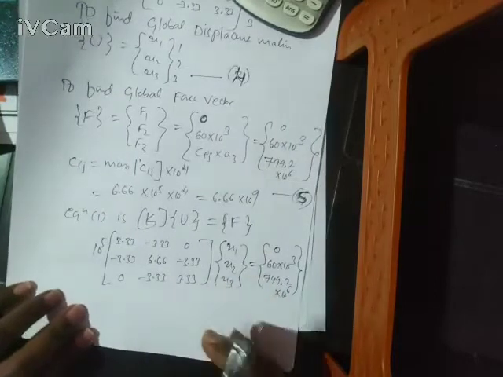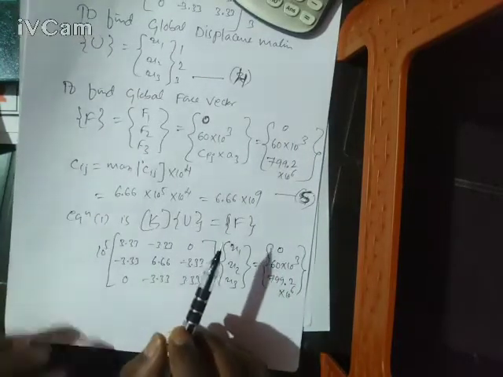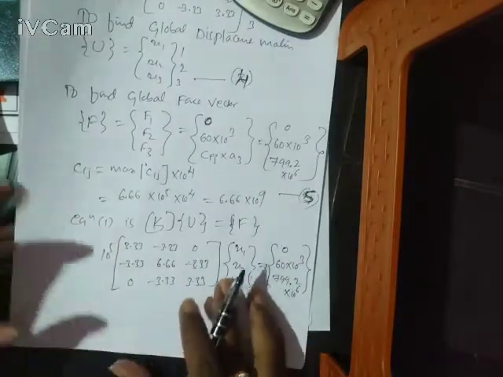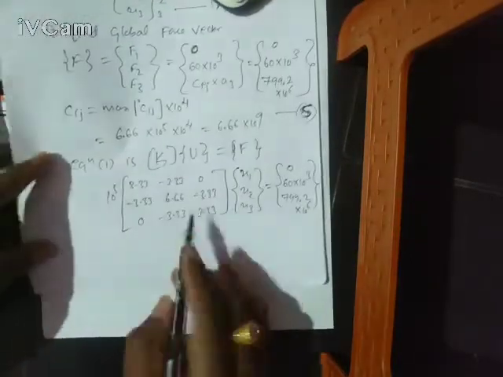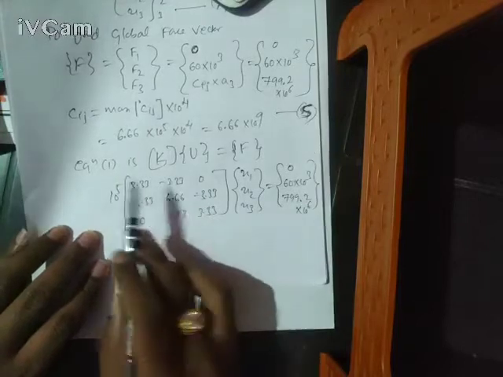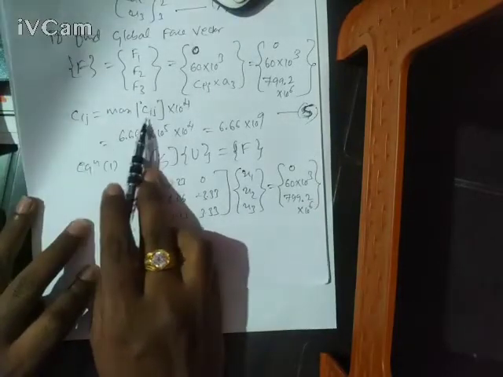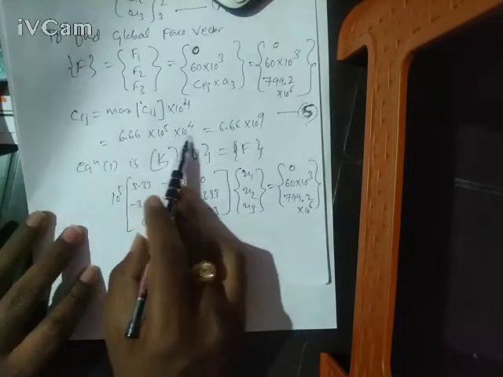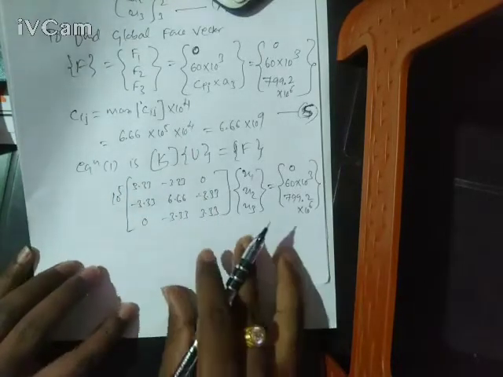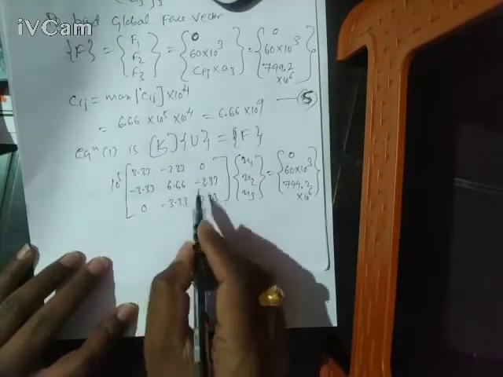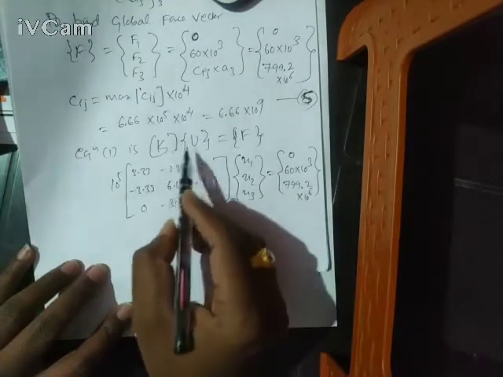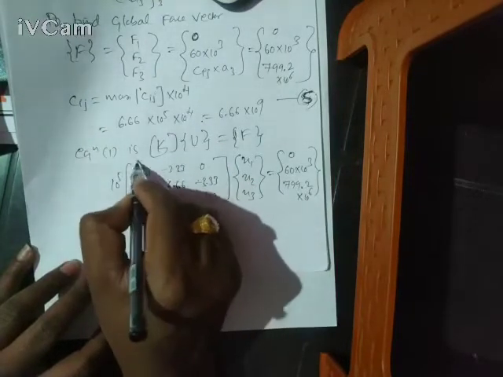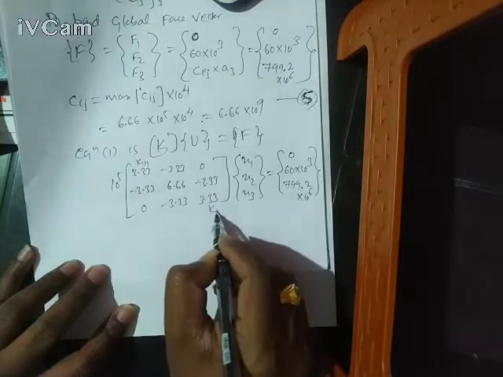Fine. So now see here friends, there is a difference between elimination method and penalty method. Penalty method means, in this matrix, what is the maximum value? Cij is equal to maximum of Cij into 10 to the power 4. Am I right? So since the method is penalty method, I will be adding this value at the position K11 and K33.